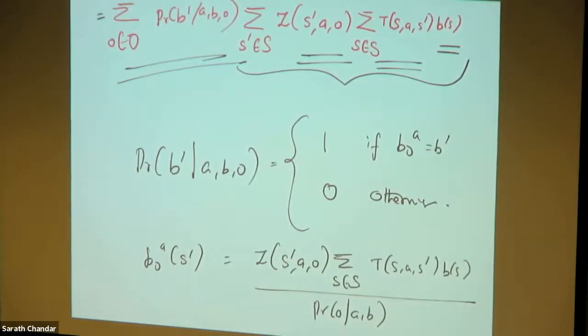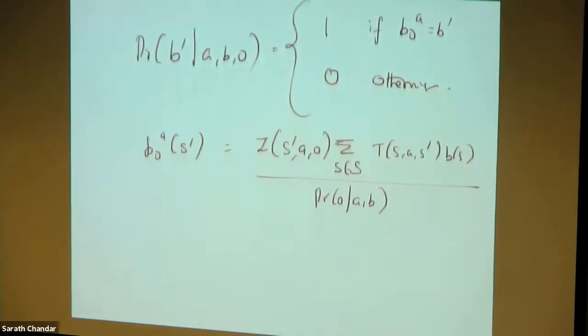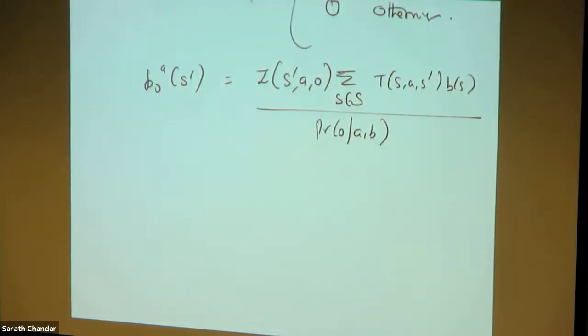Any questions? I think now we have everything that is needed for an MDP. So now I can talk about V functions and Q functions based on this belief state MDP.